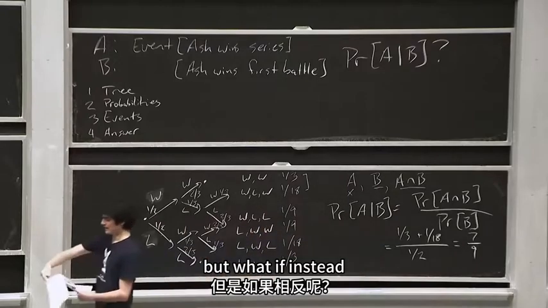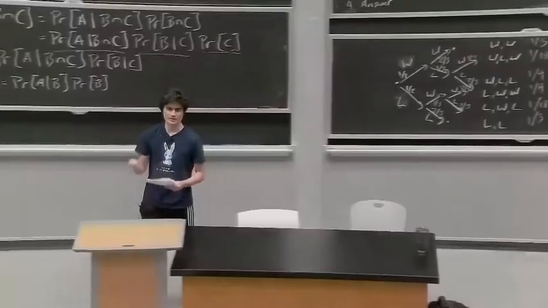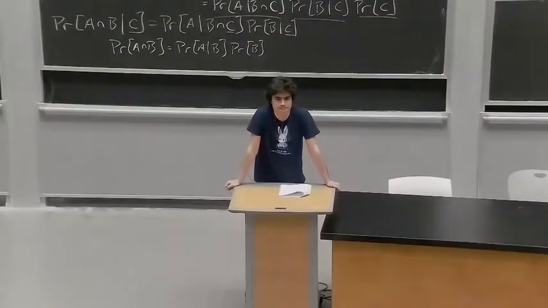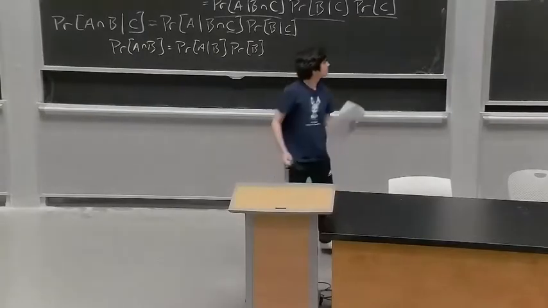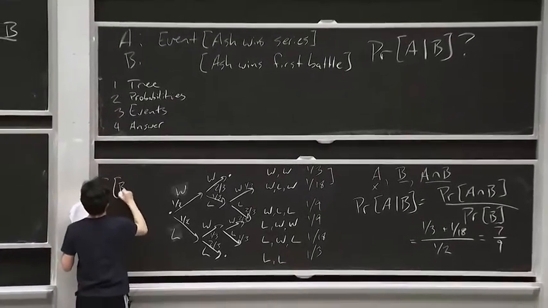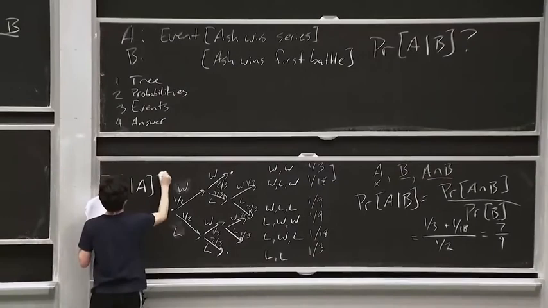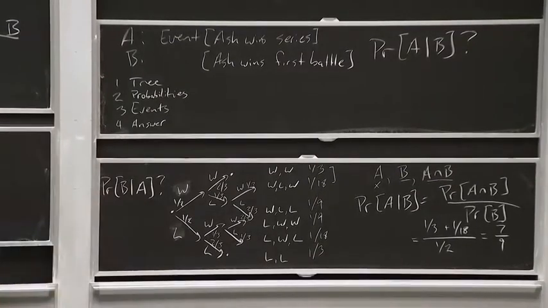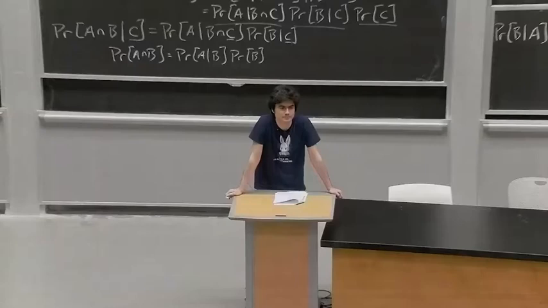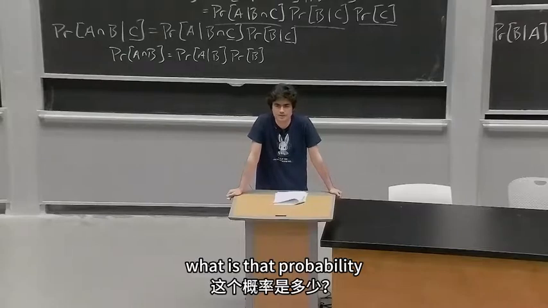But what if instead we asked for the probability of B given A? What is that probability?